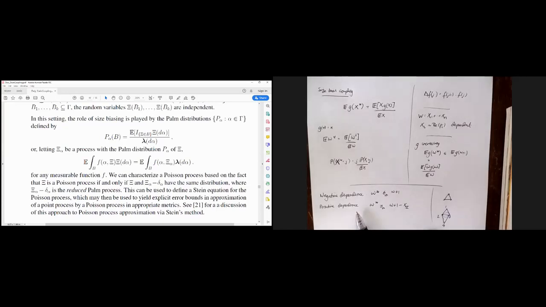But when we talk about positive dependence, saying that W star is bigger or equal to W plus 1 doesn't make sense. Is there any intuition, or is this the definition of W star, what it actually means? Can you comment on this?